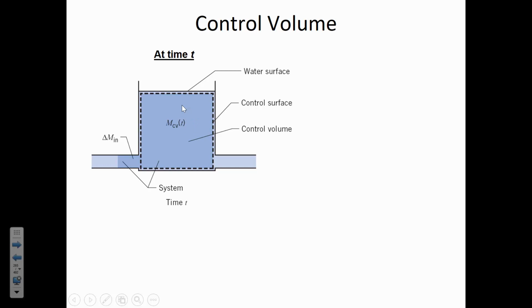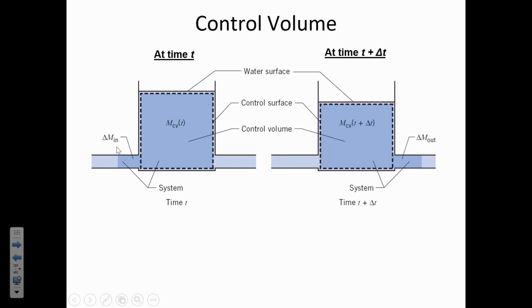And so we have a certain mass of the system that's inside the control volume. And you can see that some of our system is outside of the control volume. It's in the inflow pipe here. So this delta M in is going to be how much mass flowed in during the increment of time delta t. So this is a before and after picture.